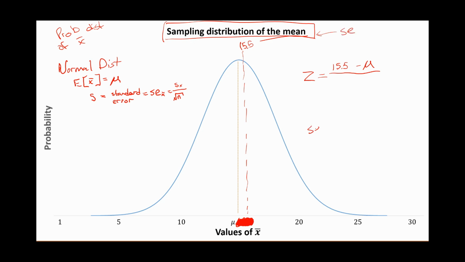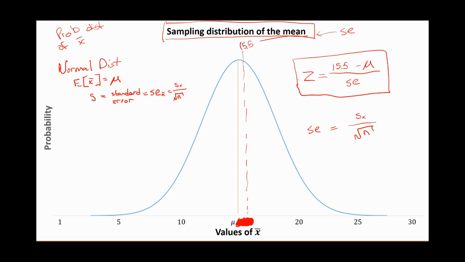The standard error is equal to the standard deviation of farm size, x, divided by the square root of the sample size. So we could, in theory, calculate the z-score for our sample mean. And that z-score would tell us how likely or unlikely it is to find a sample mean of that size.